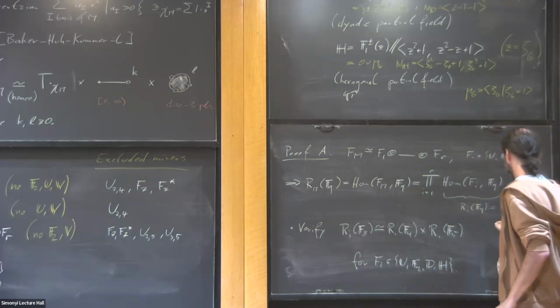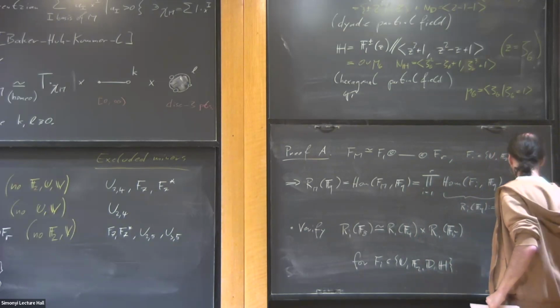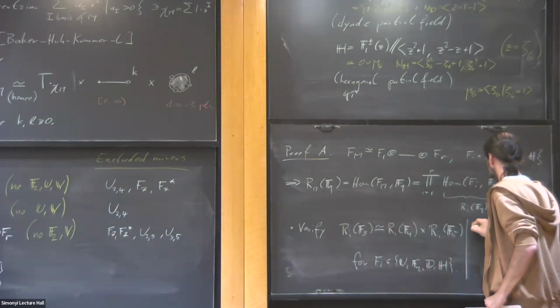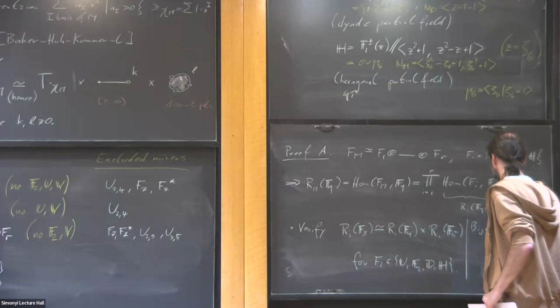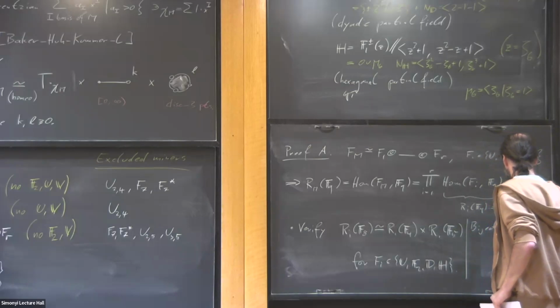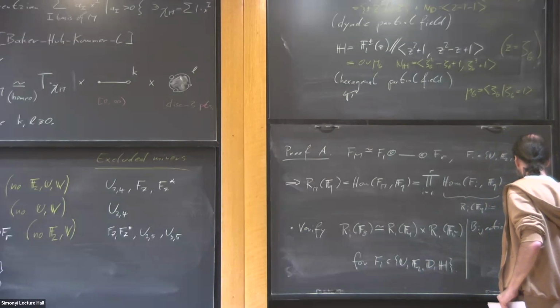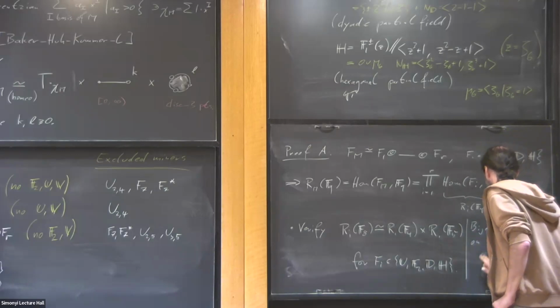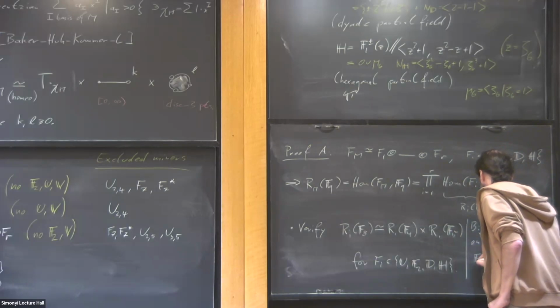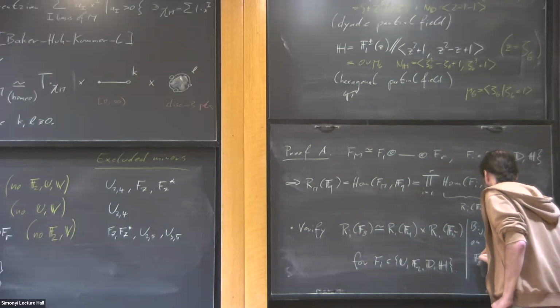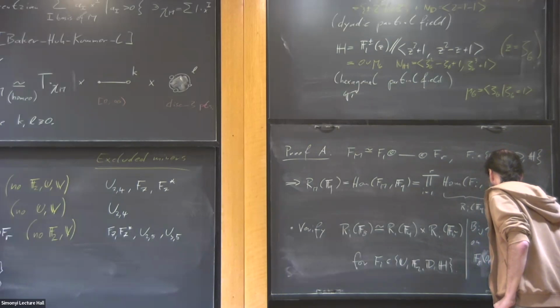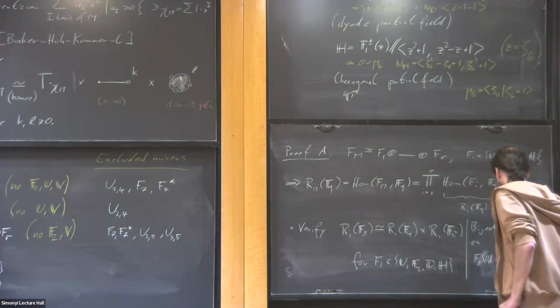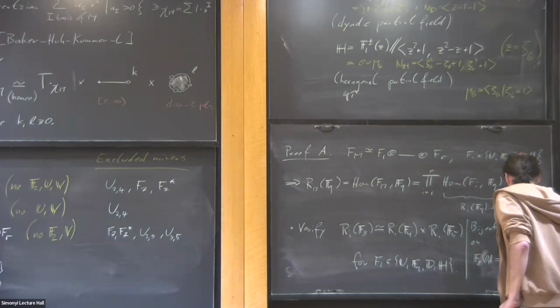The bijection depends on this identification of F8 minus 0 and 1 with F5 minus 0 and 1 times F4 minus 0 and 1.